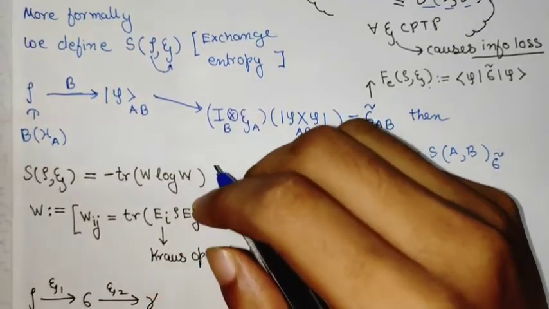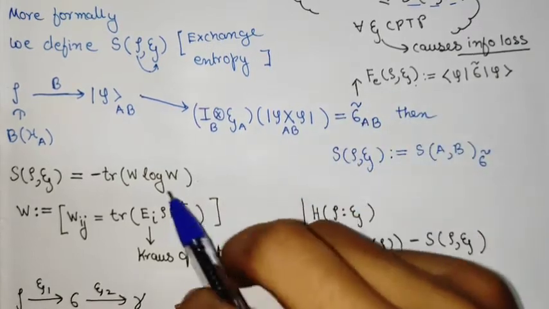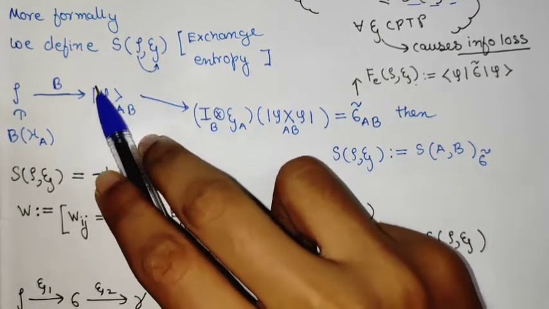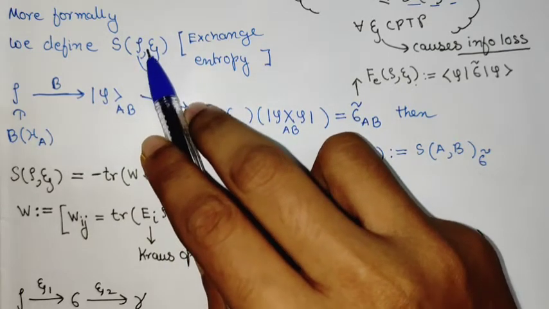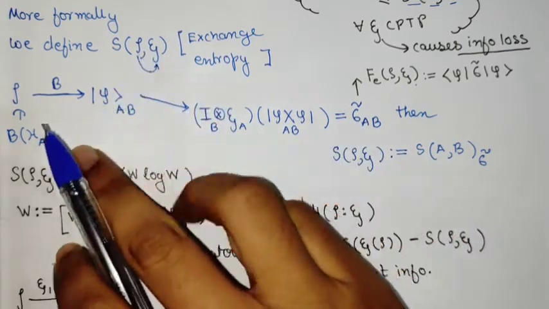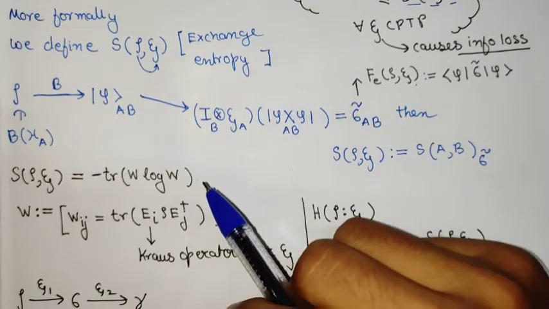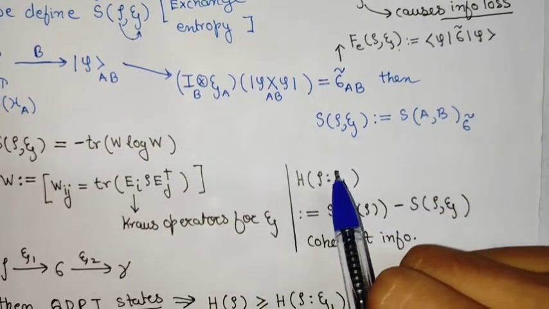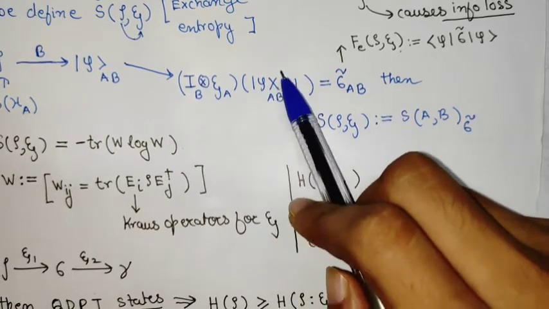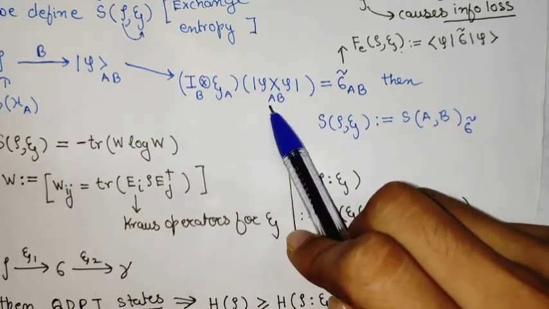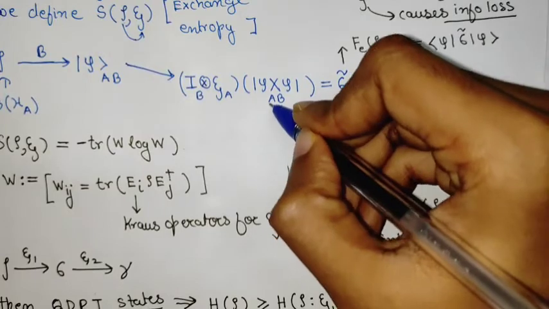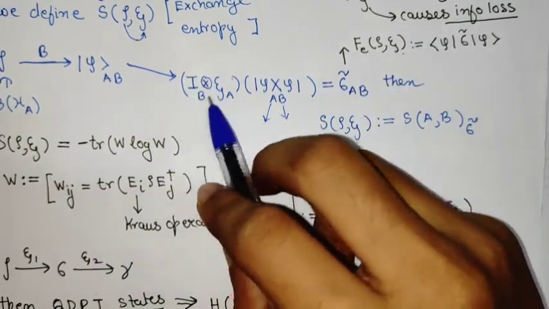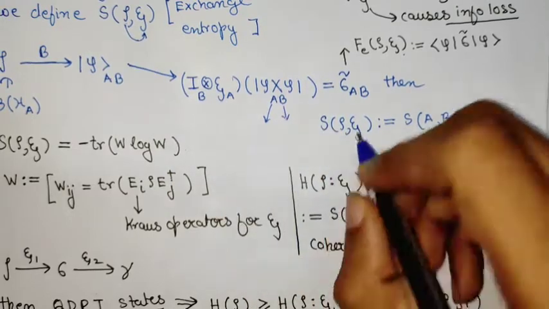And now you can evolve this using this particular operation. What I have written here is the case where you take this pure state on AB space, where B is the ancilla and A is the original system, and then you evolve the system part to get a new state.